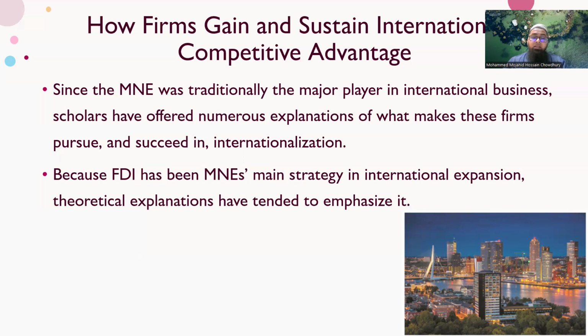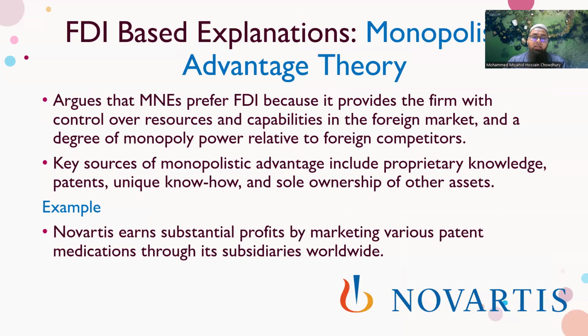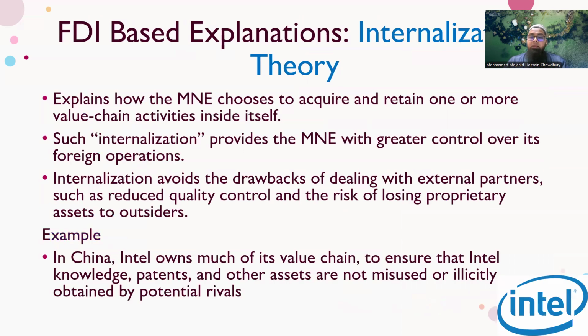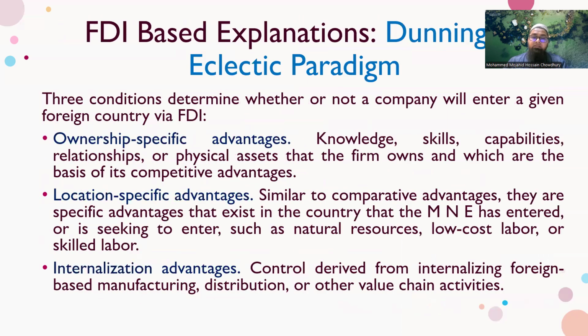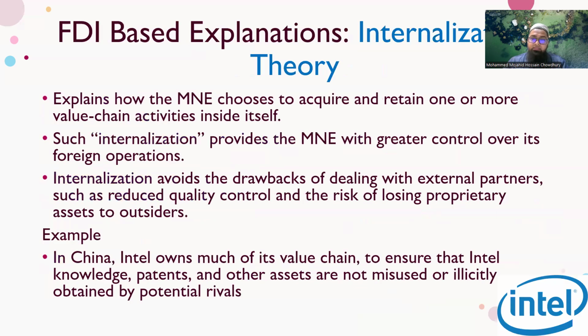Because foreign direct investment has been the multinational enterprises' (MNEs) main strategy for international expansion, theoretical explanations tend to emphasize it. So there are three theories: monopolistic advantage theory, internationalization theory, and Dunning's eclectic paradigm. So let's have a look at this.